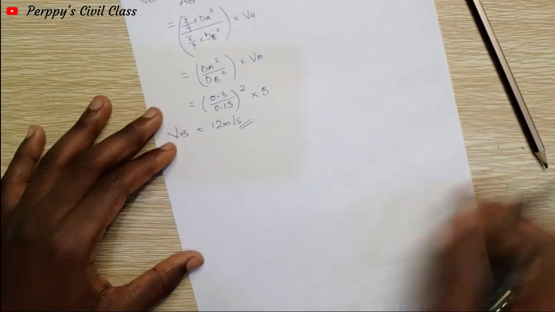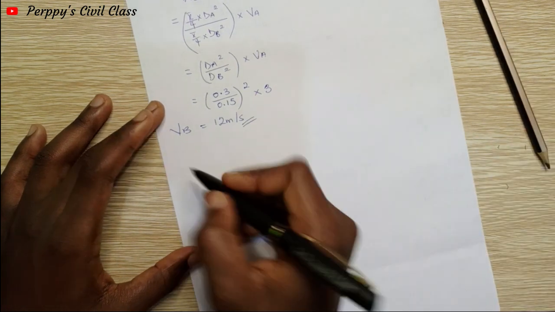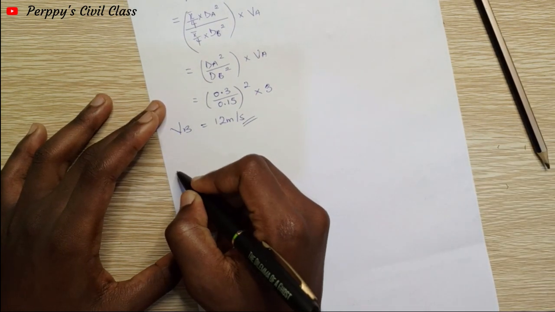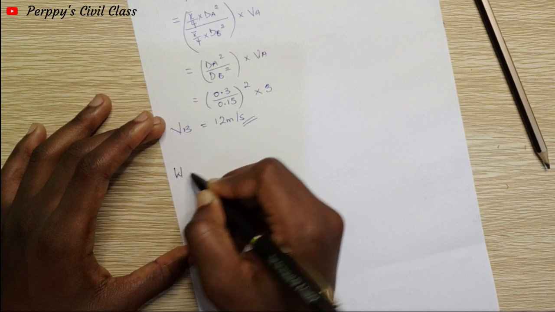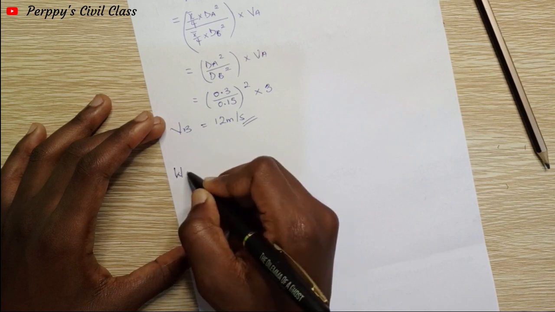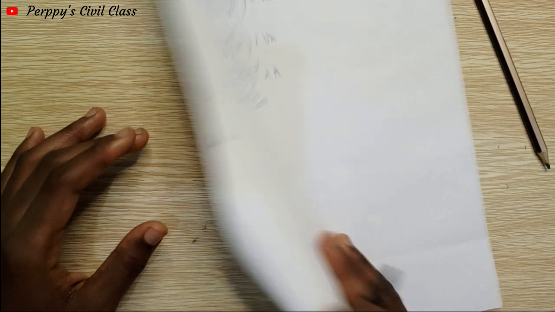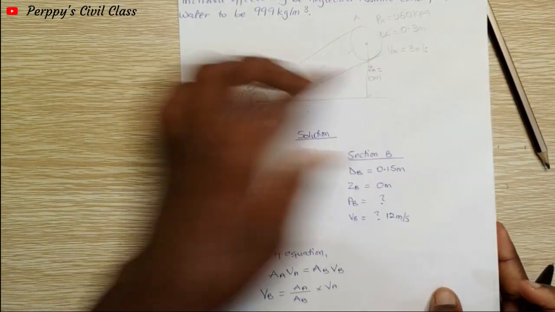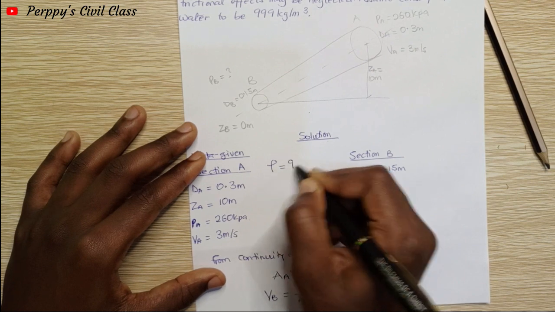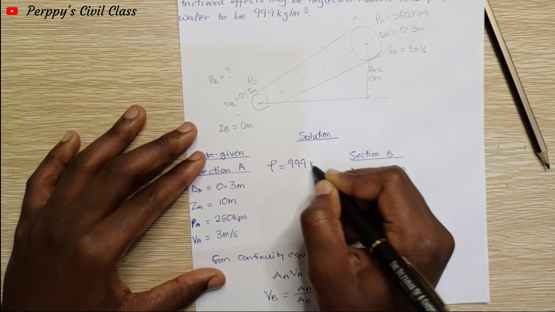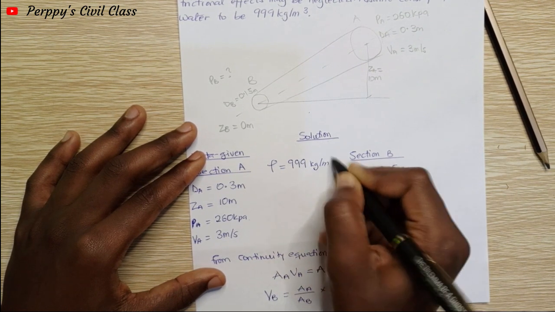We also have to calculate the weight. The density of water was given as 999 kilogram per meter cube.